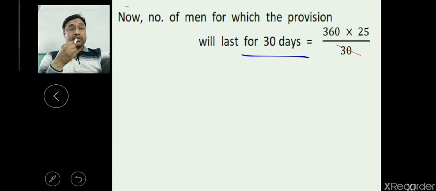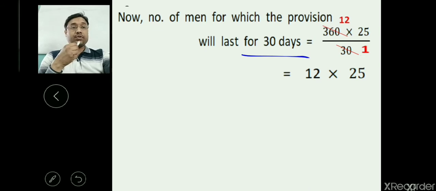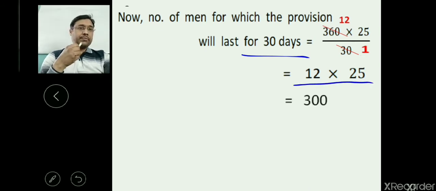Now I am going to divide here. So 30 into 1 time, and that will divide the 360 upside, 12 times. Now 12 into 25, you are going to get 300. That means 60 men are less here. Earlier it was 360 men, now it is only 300 men.